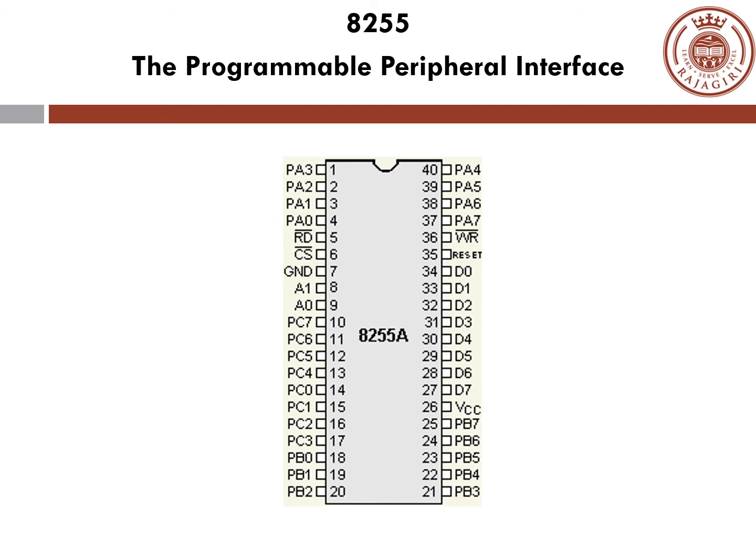Other than that, we have reset, chip select, read, write, and VCC and ground, and 2 address bits to address the 3 I/O ports. That's address bits A0 and A1.